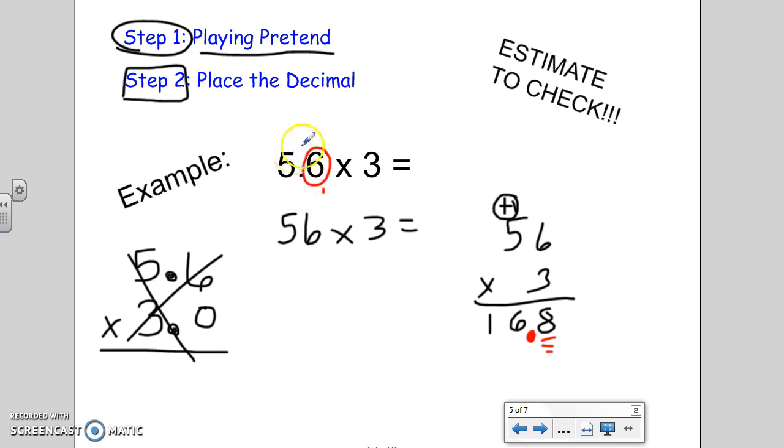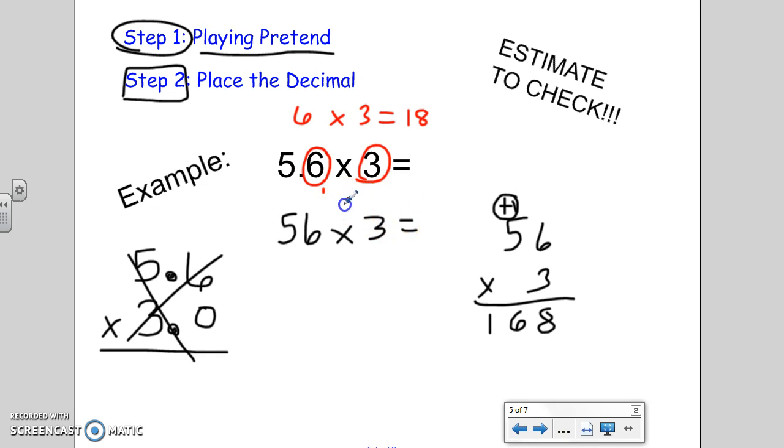Some quick rounding, 5 6/10 rounds to 6. And 3 stays 3. 6 times 3 is 18. 18 is really close to 16 8/10. If I were to put my decimal point in the wrong place, let me get rid of that. Let's say I accidentally thought that this was a decimal universe number.